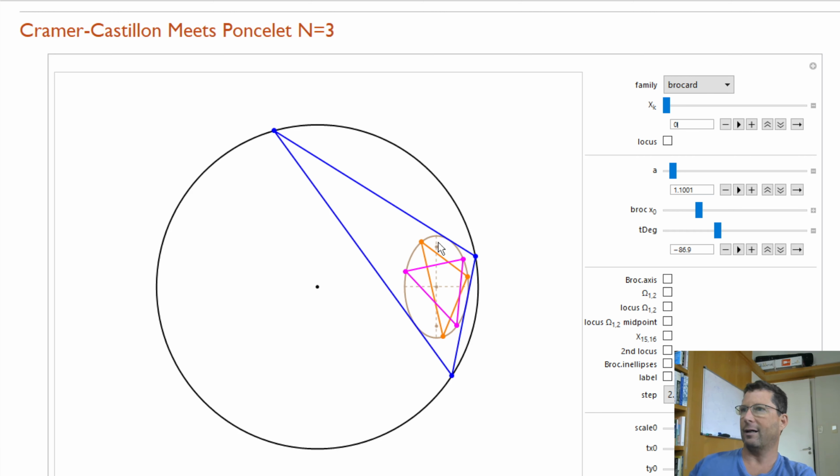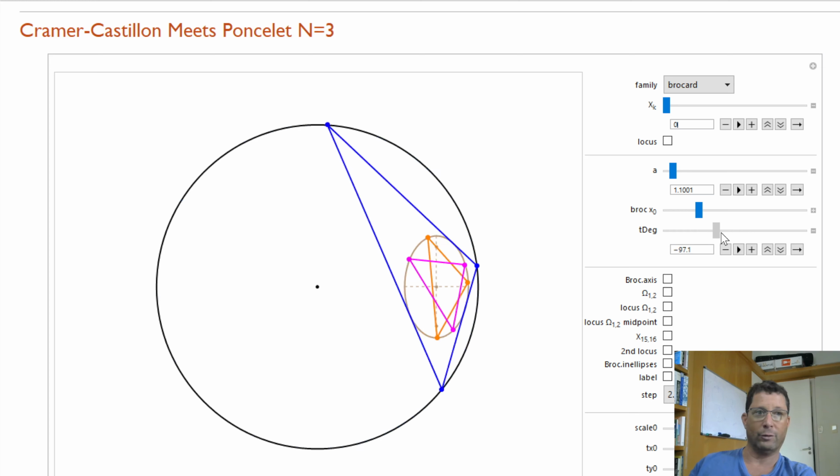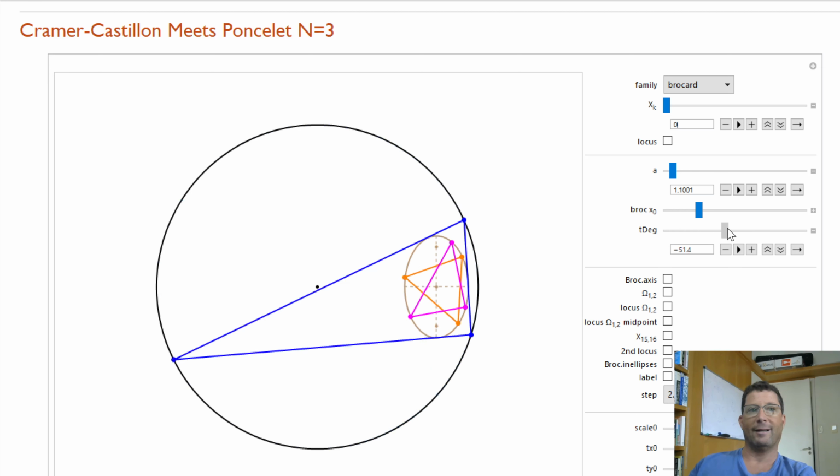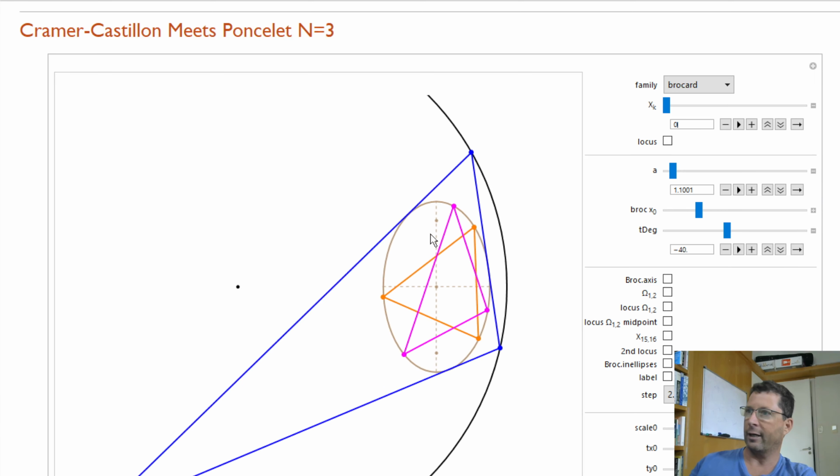So here's a triangle of the Brocard porism. What does this thing do? This is a family of triangles inscribed in a circle, blue triangles, circumscribing a very special in-ellipse known as the Brocard in-ellipse. And the two Brocard points of this family, not shown here, are stationary at the foci of the in-ellipse.